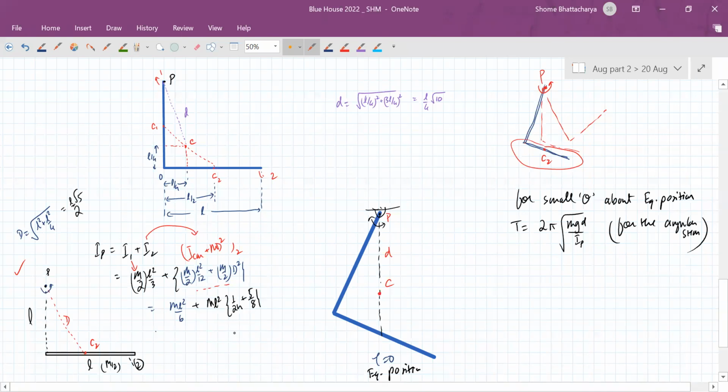So how much is this coming out to be? ml square, take 24 as the LCM. 4 plus 1 plus 15, right? 20 by 24, or 5 by 6.